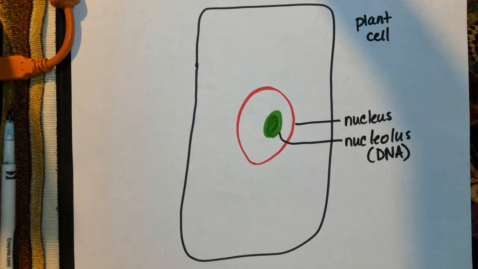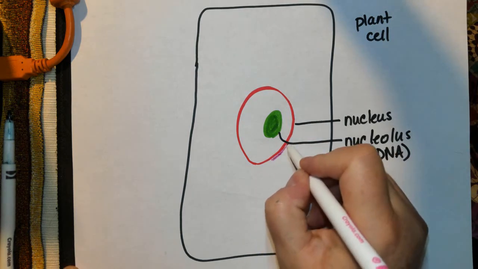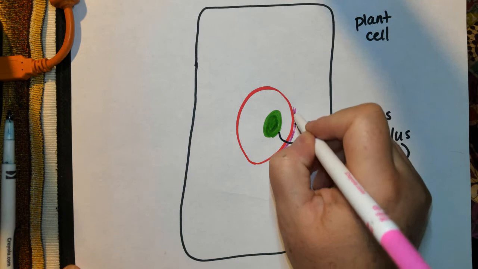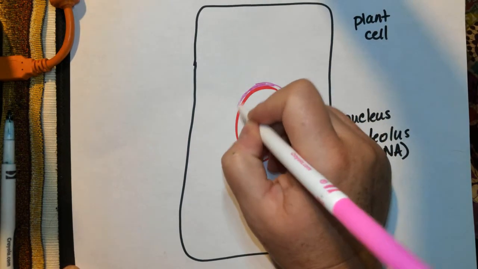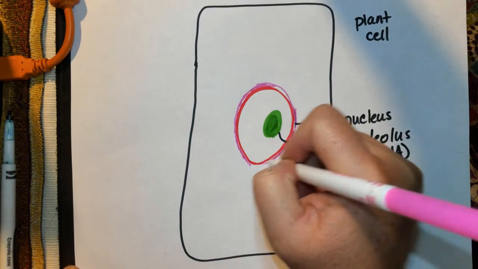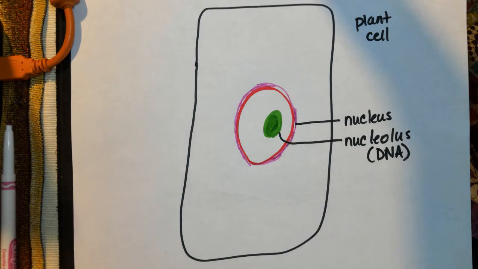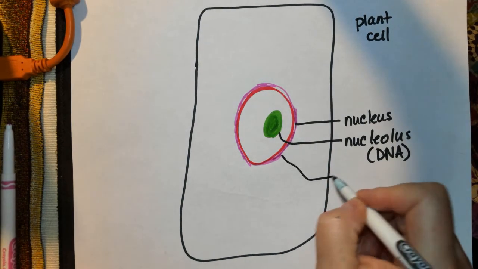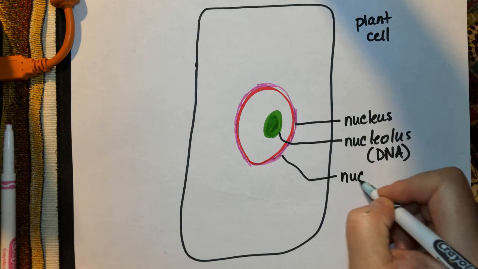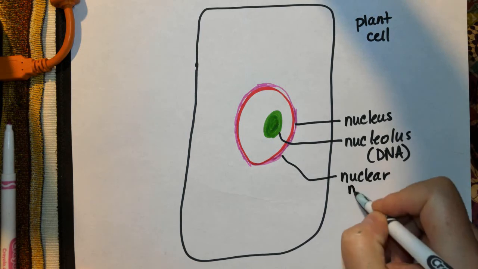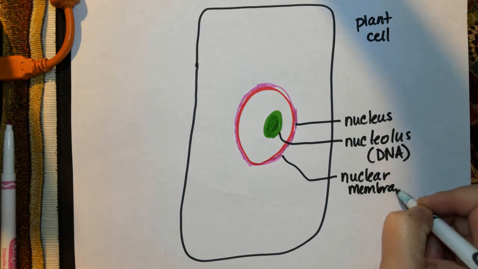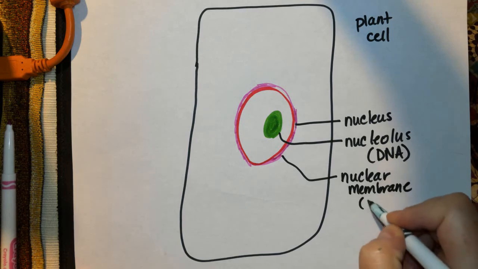Again, we have a nuclear membrane around our nucleus, which I'll kind of get in there. And again, it's going to be a barrier.